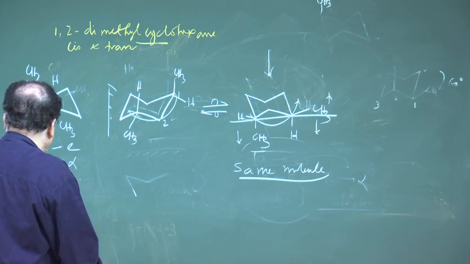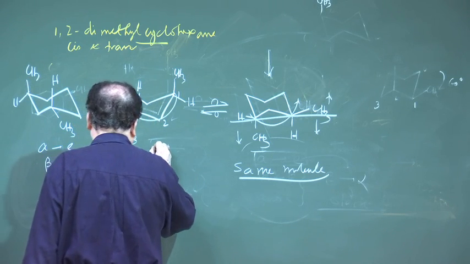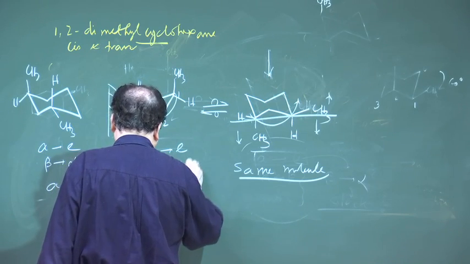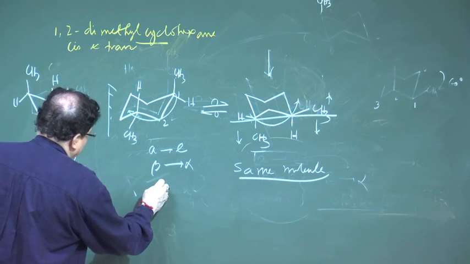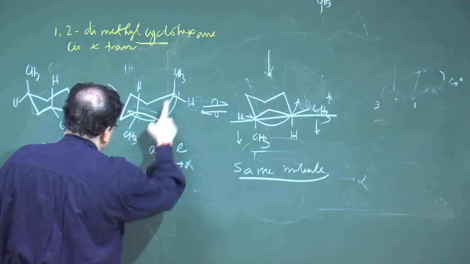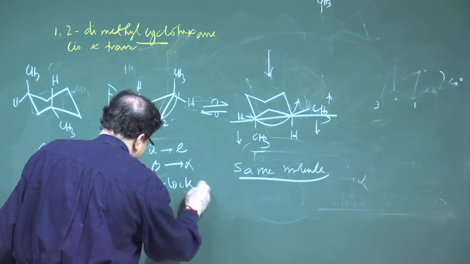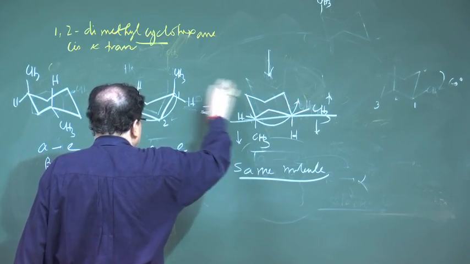Okay. Here I have already erased those things. Here it was axial to equatorial, beta to alpha, and beta to alpha, and that was clockwise. And this flip form, now you forget, because this is the same as that one.